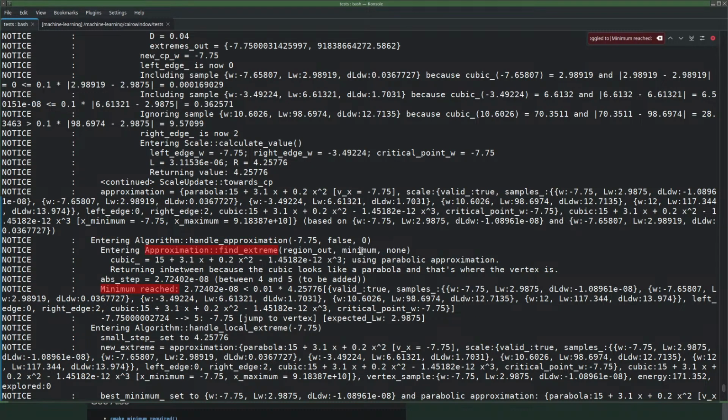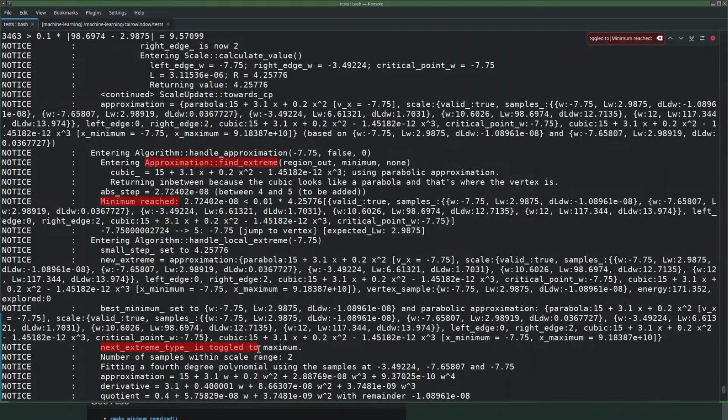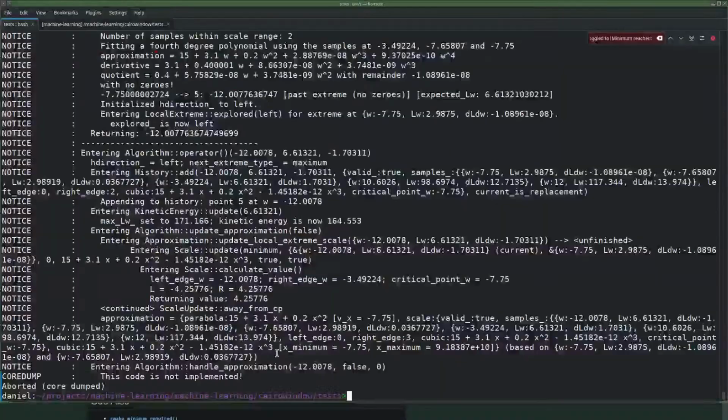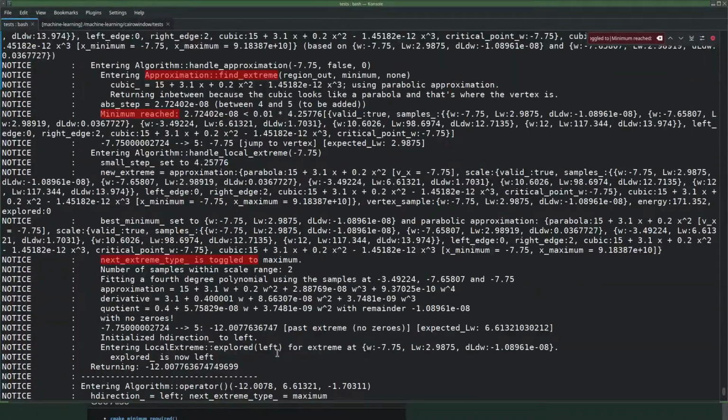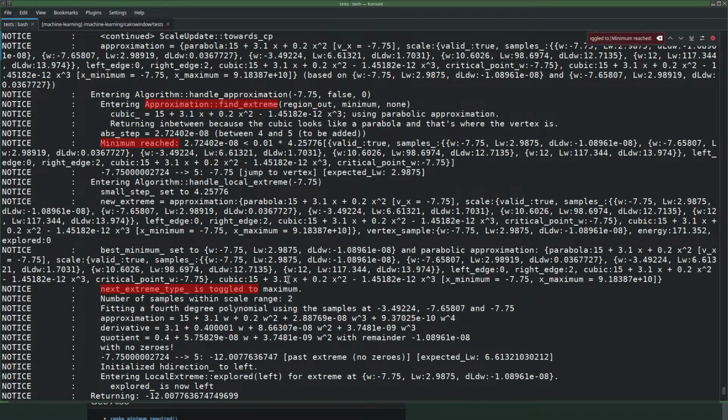So minimum is passed here in the call to find extreme before minimum is reached and the next extreme is toggled. That is why it is not working. Aha, aha, aha.